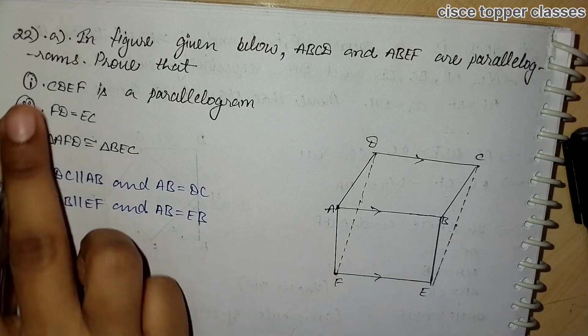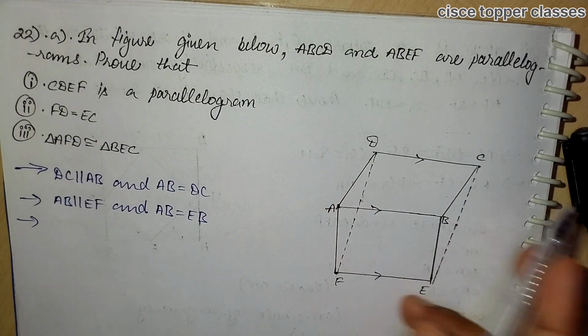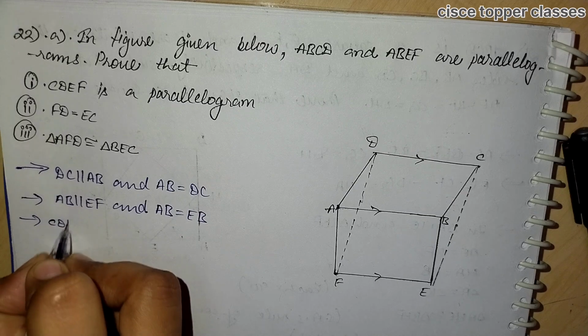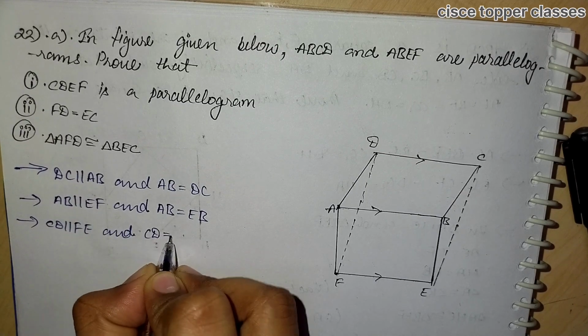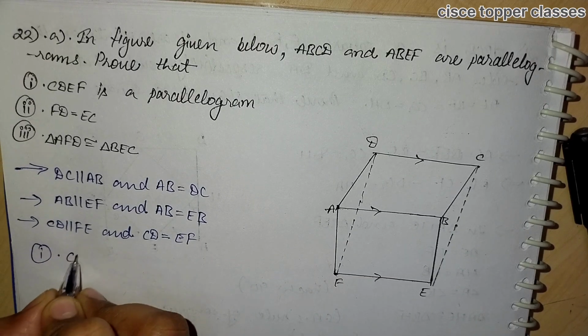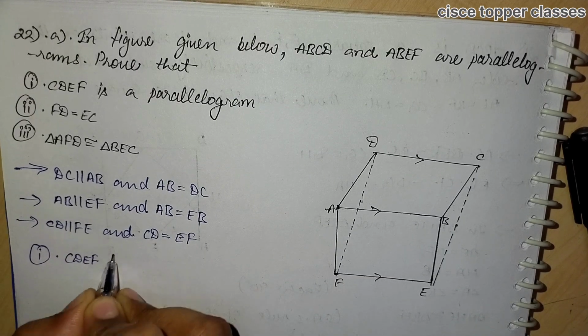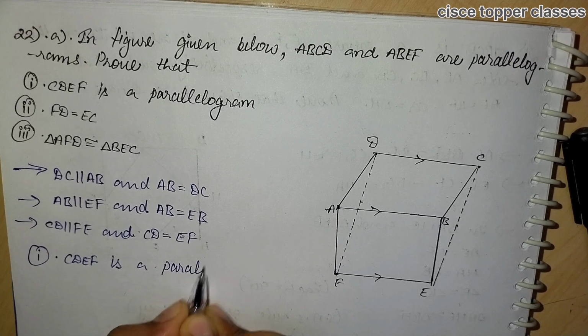In CDEF, as CD is parallel to FE and CD is equal to EF, we have proved the first part, that CDEF is a parallelogram, because opposite sides of a parallelogram are equal and parallel.